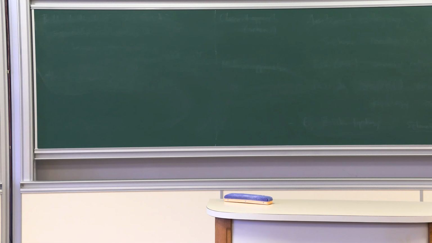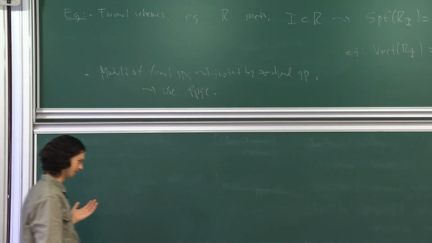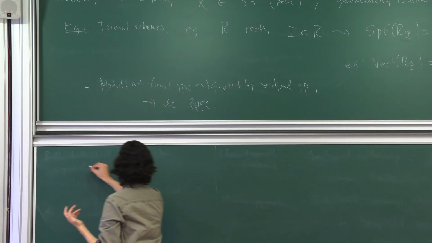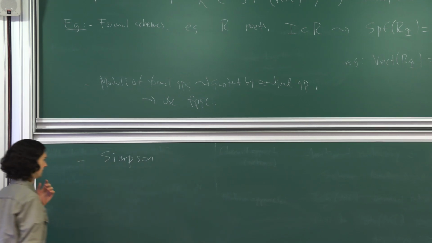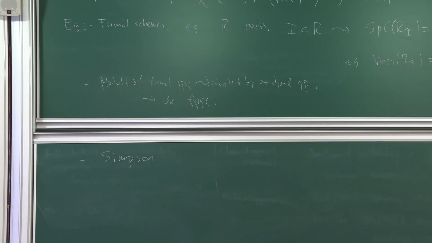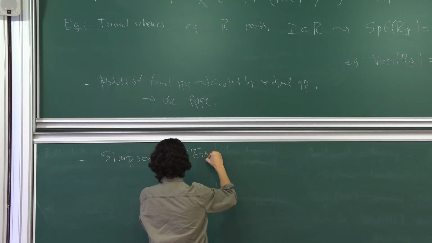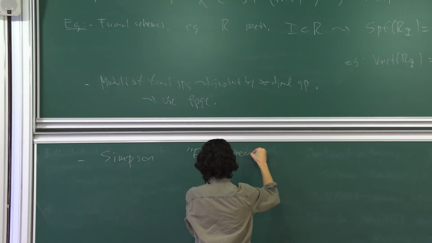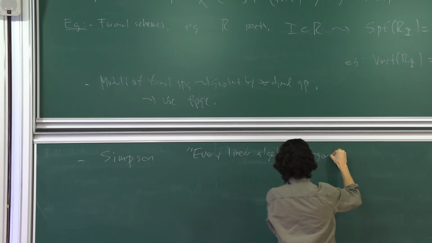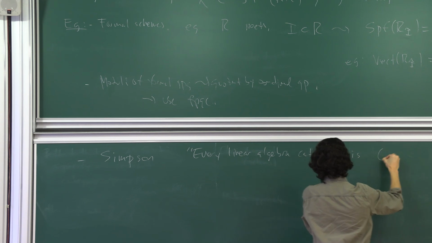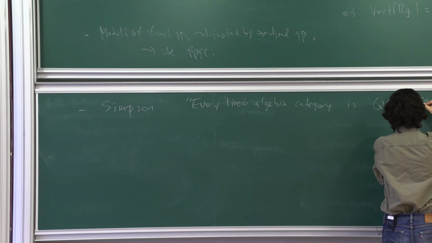But in addition to these, there's also a very remarkable class of examples. This started with Carlos Simpson, and the idea could be something like: every linear algebra category is quasi-coherent sheaves on some stack in a suitably generalized sense.